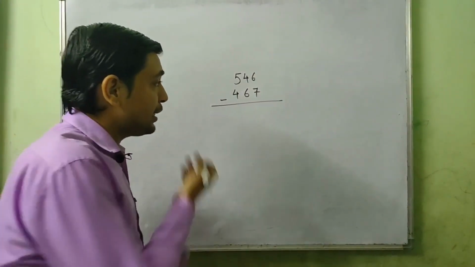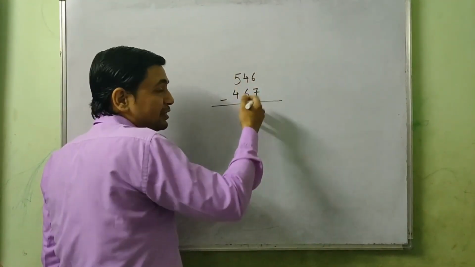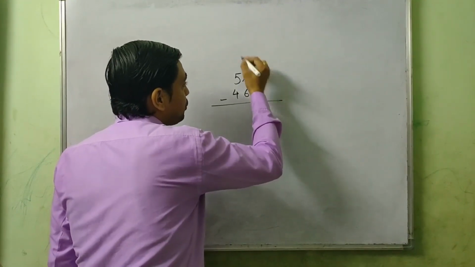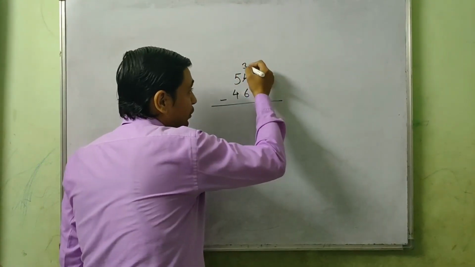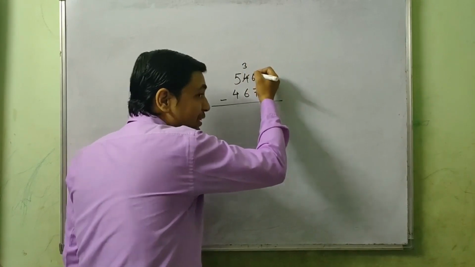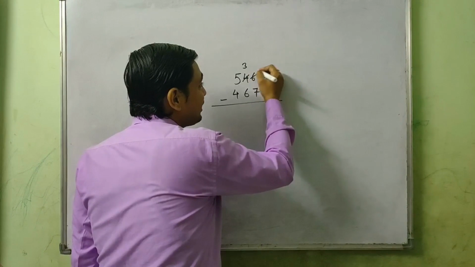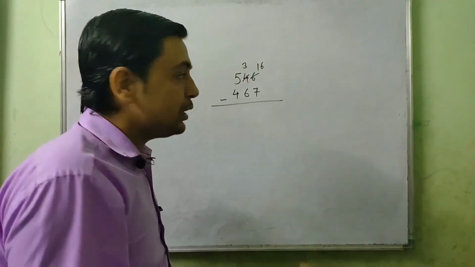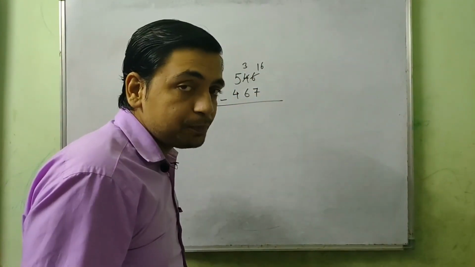So you will take a value from the previous number. If you take a value from here, 4 will reduce to 3. And when 1 is coming here from the previous number, it's not like 1 is coming here, it's 10 coming here, right? So this will become not 6 but 16, because we just put 1 before it, and then we subtract 7 from 16. That's what you do, right?